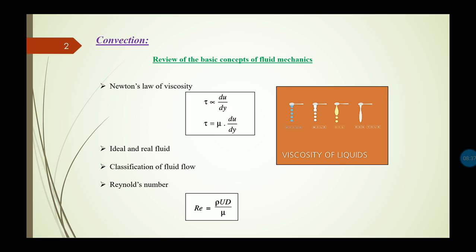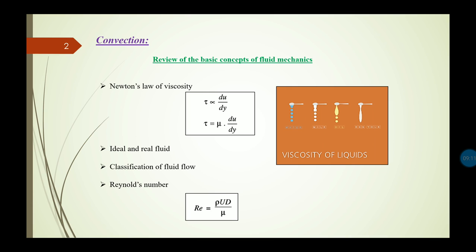If the shear stress is denoted by tau, then the shear stress tau is proportional to the rate of shear strain, that is du/dy. Here y is the distance between the two different fluid layers considered. So tau is proportional to du/dy.